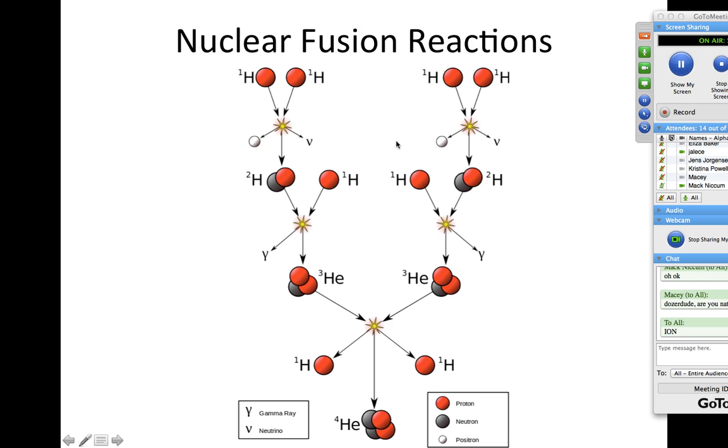So that is why in this case we are not drawing the electrons, because the electrons are just flying all over, moving freely. That is what makes plasma.